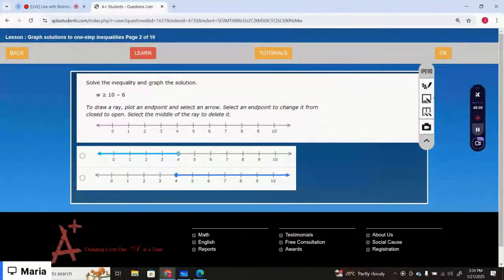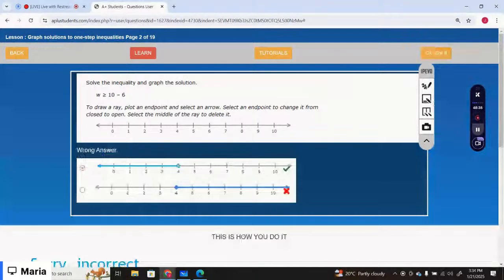So 10 minus 6 is again 4. Option number 2 is the correct option. That's exactly the same one we just did, isn't it?